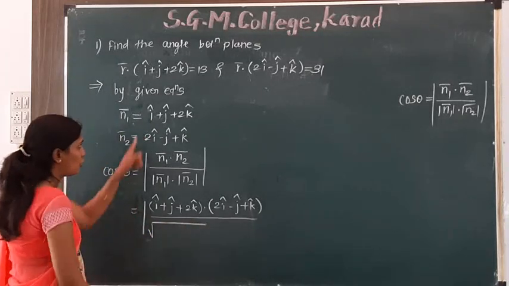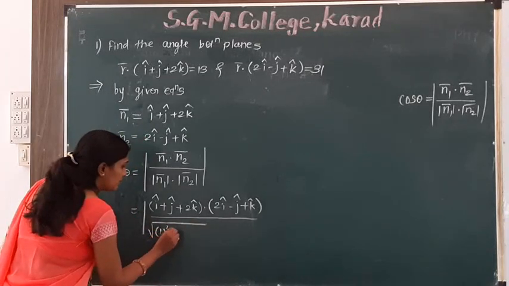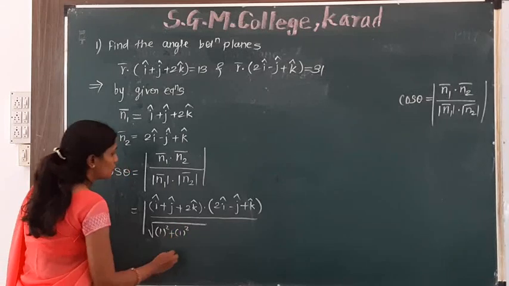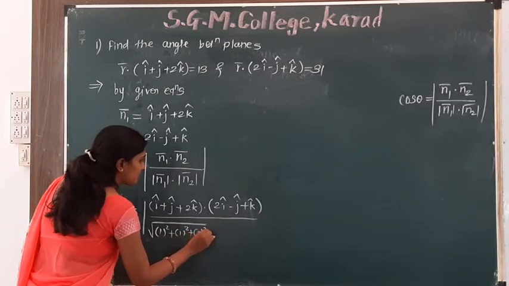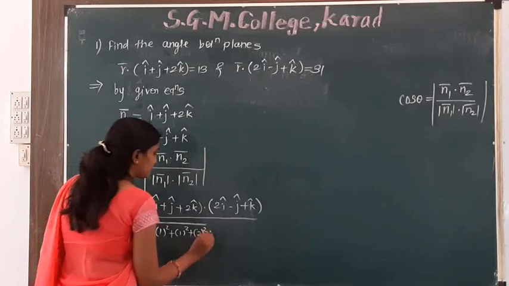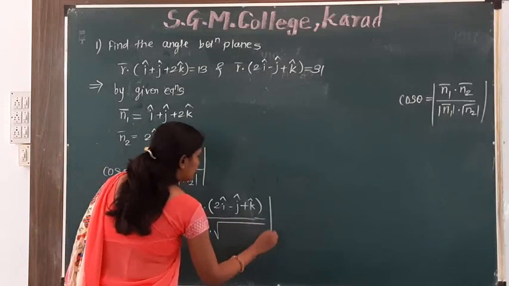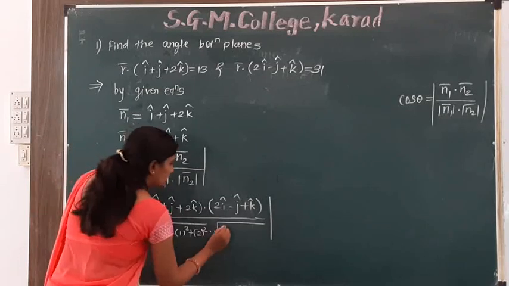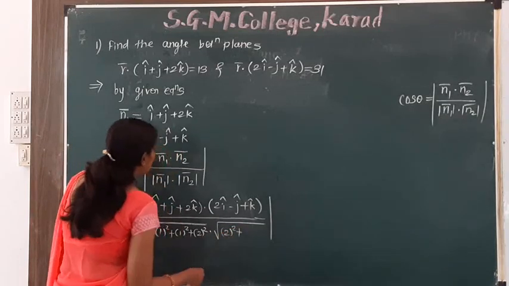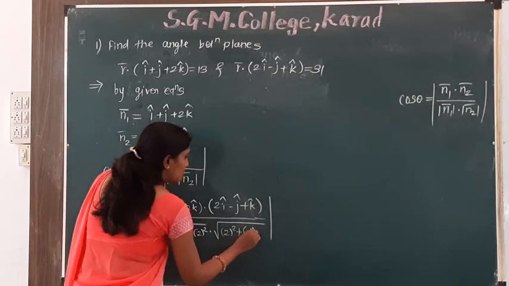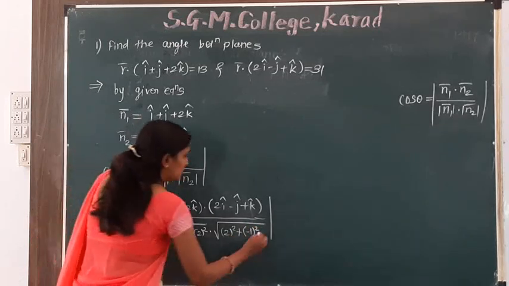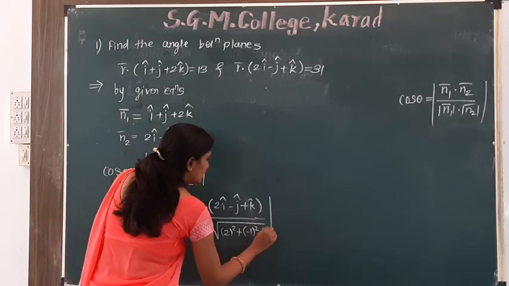That is square root of 1 square plus 1 square plus 2 square into root of 2 square plus minus 1 square plus 1 square.